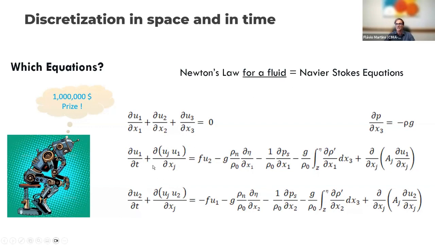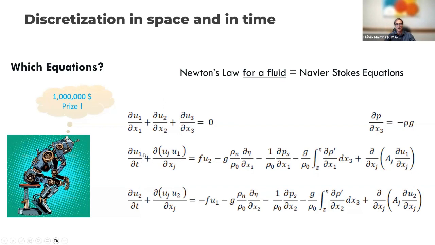This is the acceleration. It has two terms, the temporal acceleration and the advective acceleration. There are some tricks here. These j's, when you repeat a j, it means you have three terms, one for each direction, because this is a 3D field. But don't worry about that.